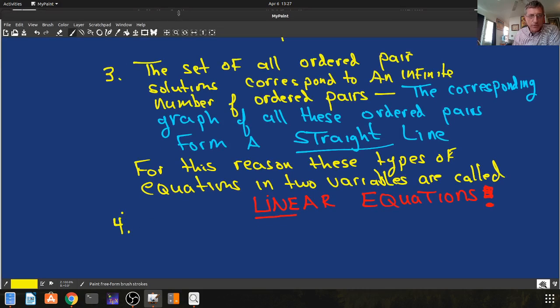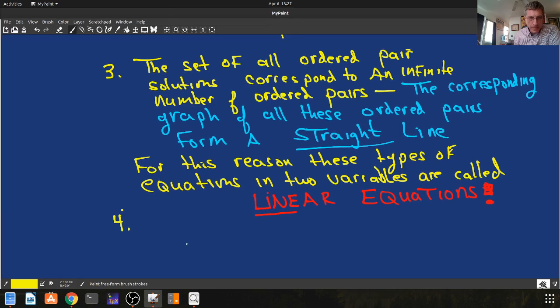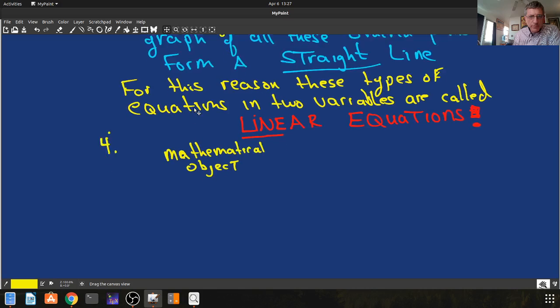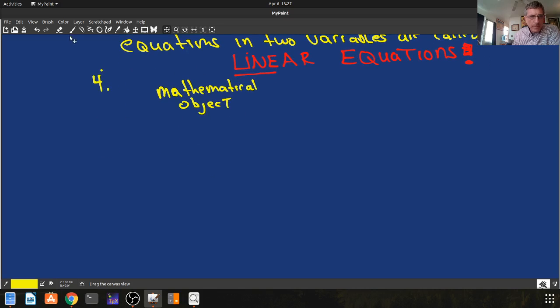And the fourth point is just a reminder. We have a mathematical object, and in this case, it's an ordered pair. For example, -1 and 3.